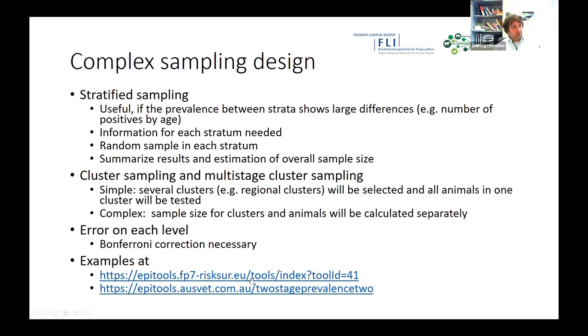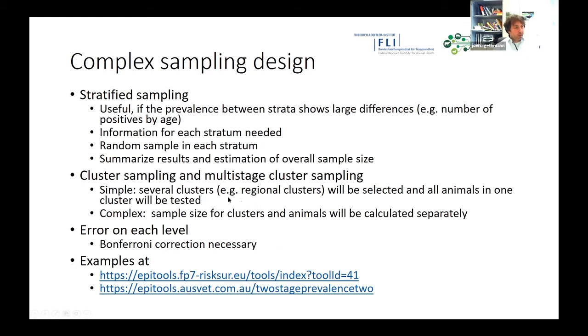As it is very complex, I just added these EPI tools, where you can find out how to run the sample, and from the mathematical point of view, it's getting very complex, and you will need a lot of information. You need the number of animals in each stratum and for each cluster, and you need to know what the regional differences are and so on.